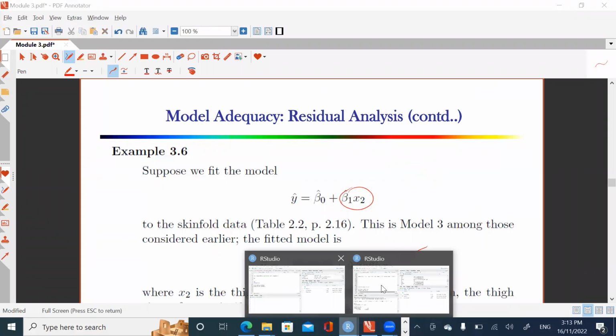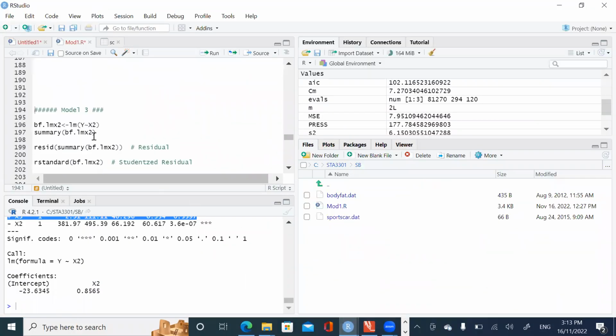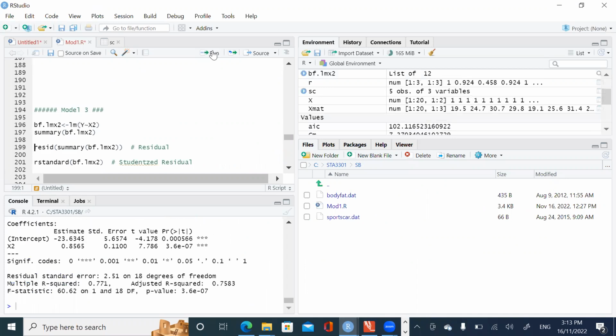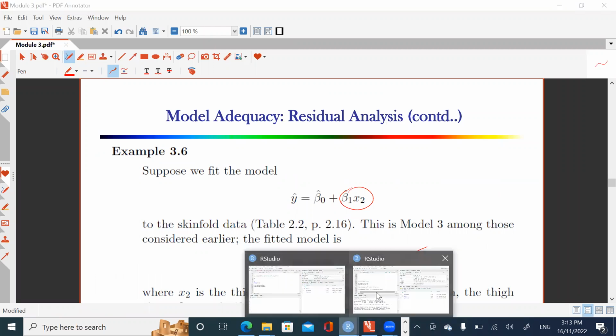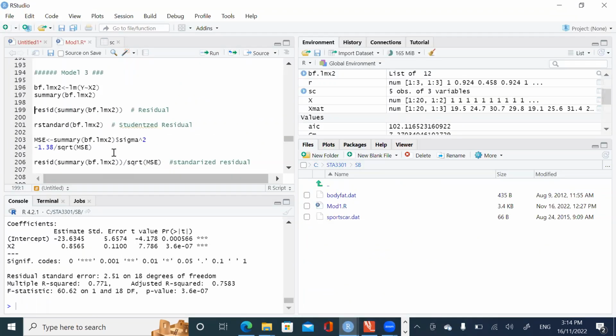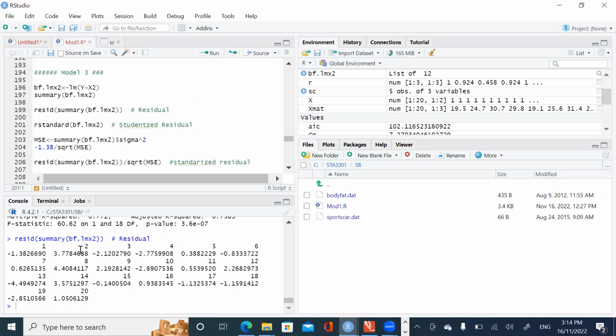Or you can directly calculate it from R. So model 3 is the model here. If I go back here, this is our model 3, and if we use the resid command on the summary of that model, we will get the residuals. The first residual here is negative 1.38.